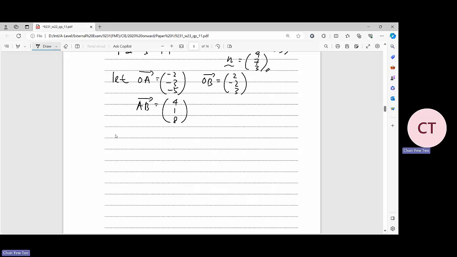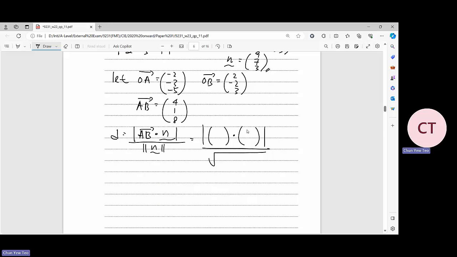So now we just need to write D equals the modulus of AB dot product with n, divided by the magnitude of n. Just like that. So what you need to do now is write down the modulus.